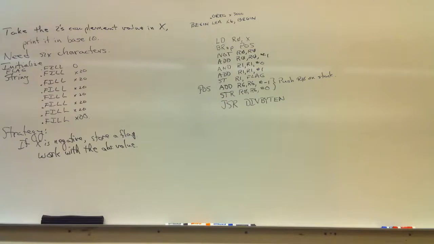Div by 10 will return our stack looking like this. Whatever's down there before, but at the top of the stack I want the remainder, and just below it the quotient.